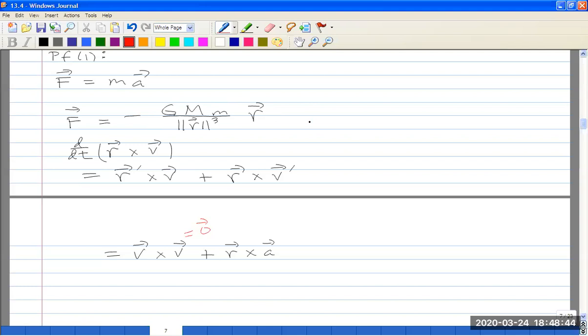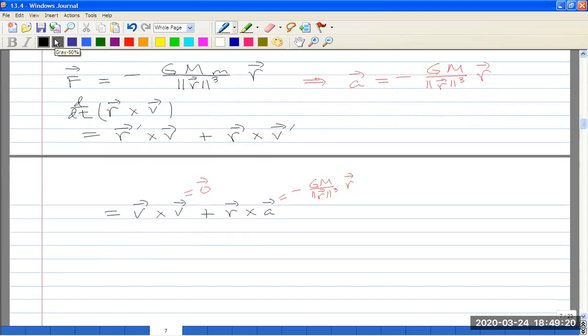So the acceleration is equal to minus GM over r cubed times the vector r.